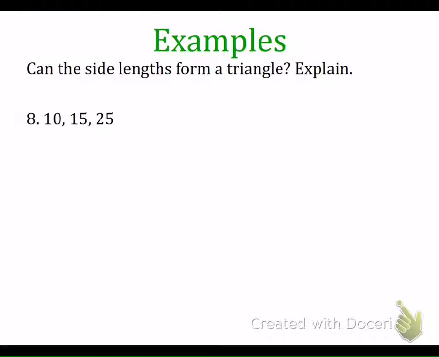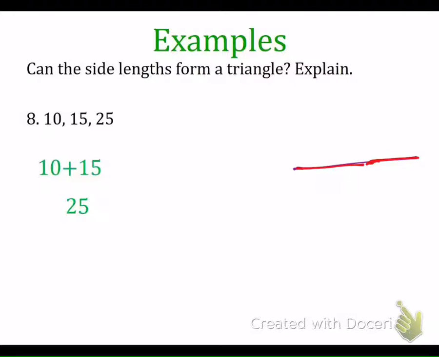Here's number 8. So, yes, when you add these, they're equal. So if you think of the spaghetti, you would have a long piece of spaghetti and then a short piece of spaghetti and a short piece of spaghetti.